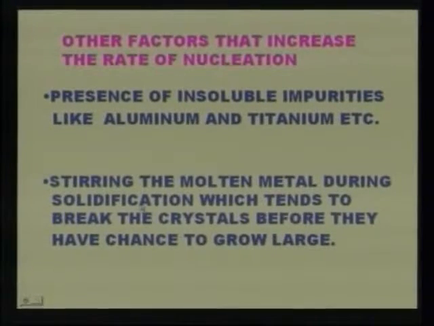So to avoid that, we use a stirring effect in the molten metal. By providing this stirring, we can reduce the size of the crystal, so you can promote the fine grain material, which is more advantageous than the coarse grain material.